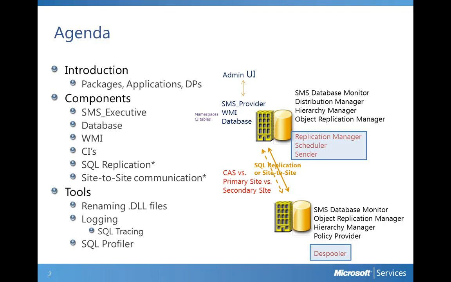Okay, so a CI, basically, if you define it, is a unit of configuration. Not to be funny, but a CI uniquely describes some sort of configuration that needs to be evaluated on a client.